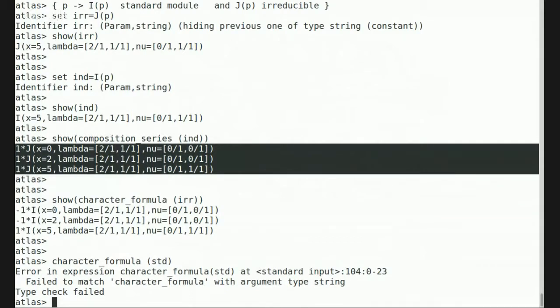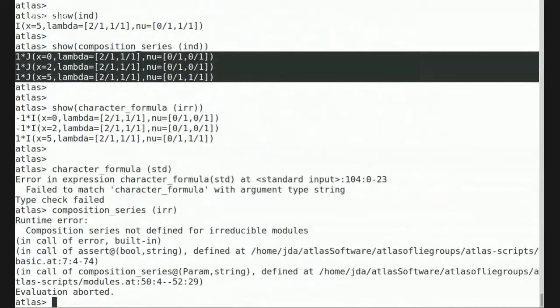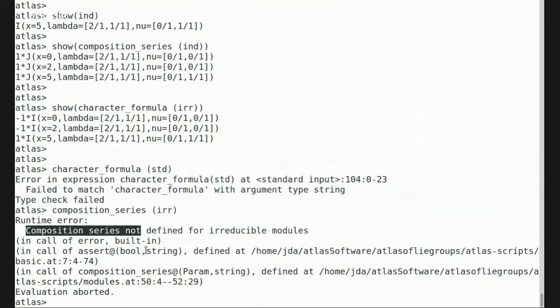And similarly, if you ask for the composition series of an irreducible representation, you get an error. It gives a more helpful error message here: composition series is not defined for irreducible modules.